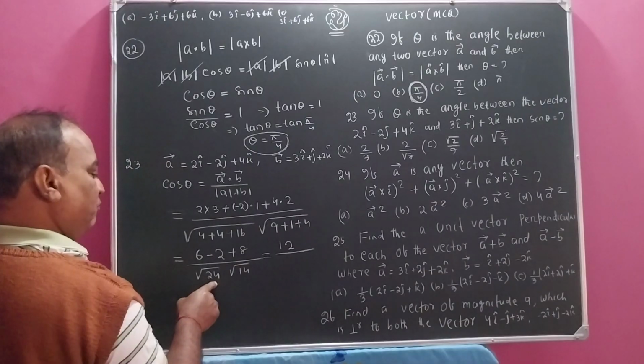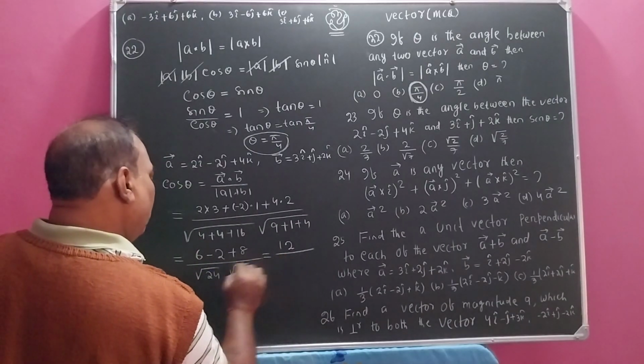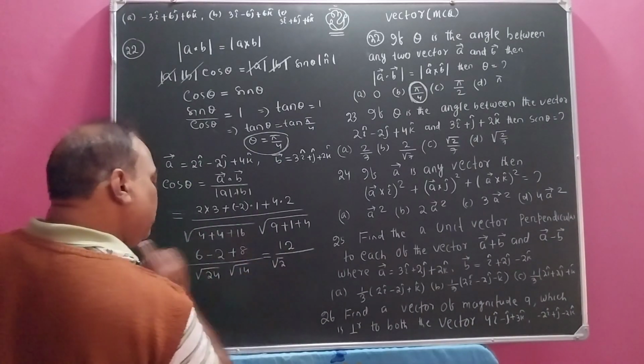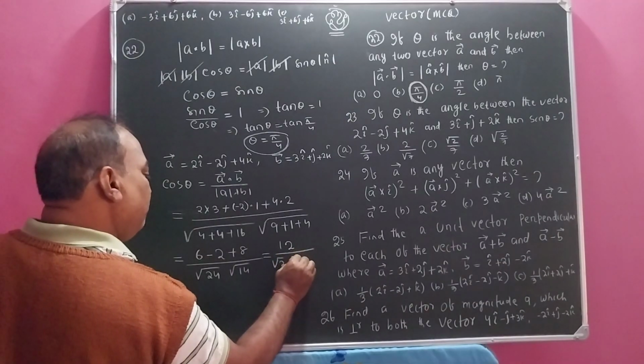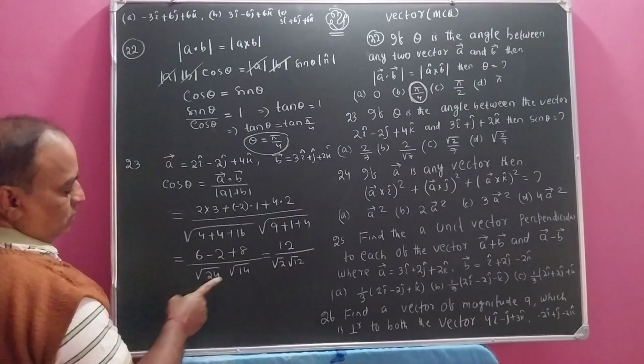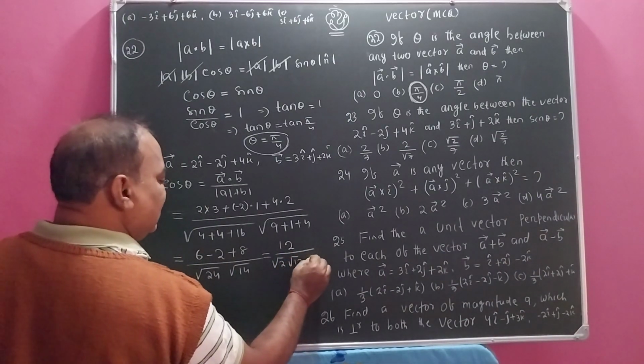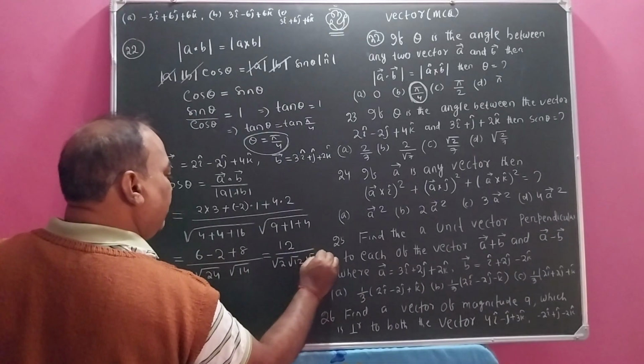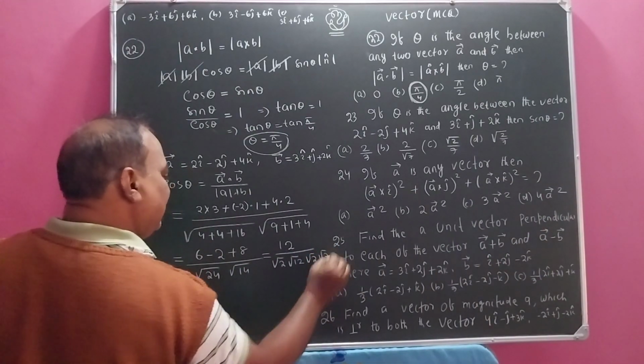Here it is root 2 into root 12, which can be written as root 2 into root 7.